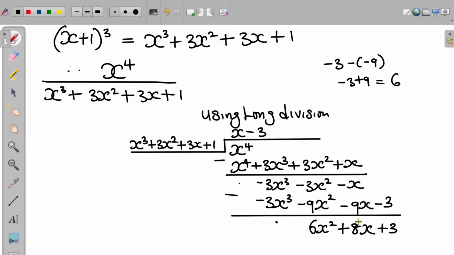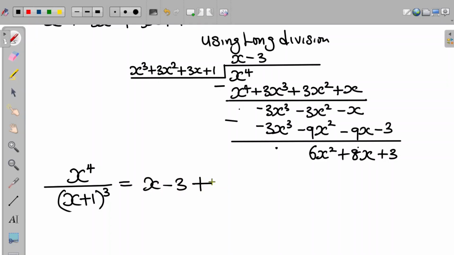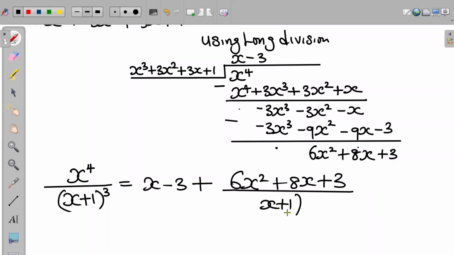So now we can express our compound fraction as x to the power of 4 divided by (x plus 1) all raised to the power of 3 will now be equal to the quotient here, which is x minus 3 plus the remainder, which is 6x squared plus 8x plus 3 now will be divided by (x plus 1) all raised to the power of 3.